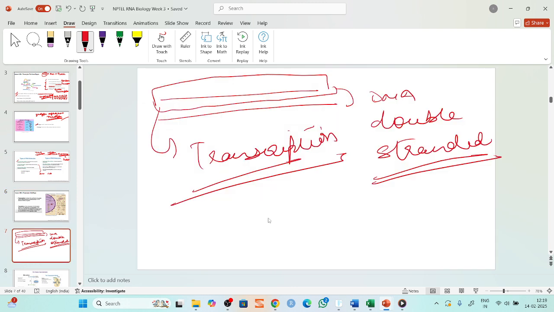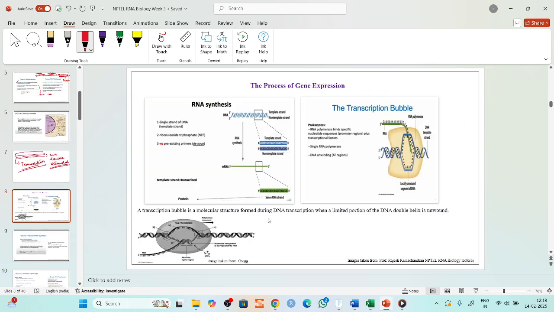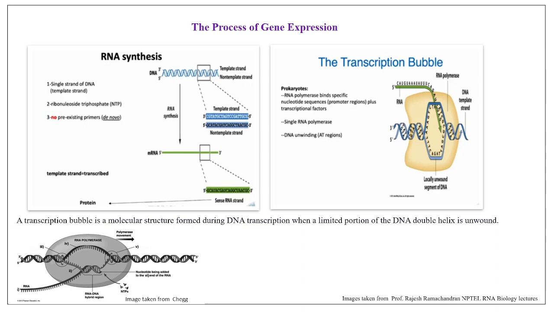If we see gene expression and RNA synthesis, see here, this is your DNA. One is your template, the other is your non-template. Only one of the strands takes part in RNA synthesis, and then RNA is formed.